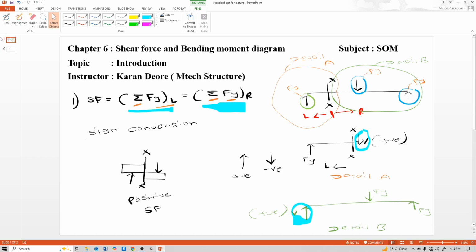Because see, why is it positive? Because we need to balance it. See, this is upward and this is downward. This is downward and this is upward.